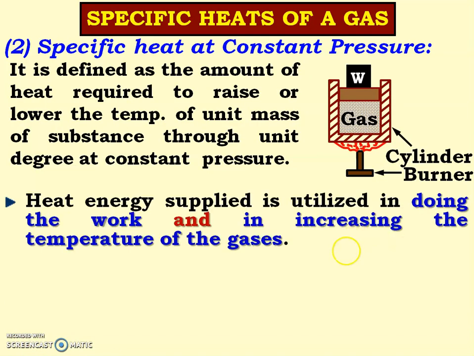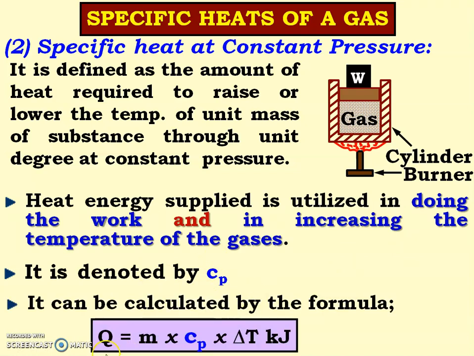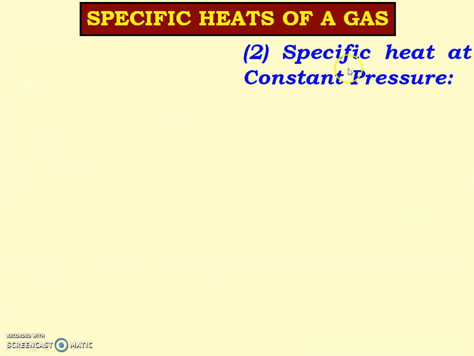And it is denoted by the symbol Cp, and the equation is Q equals M multiplied by Cp into delta T. Now let us compare specific heat at constant pressure and specific heat at constant volume. First of all, specific heat at constant pressure.